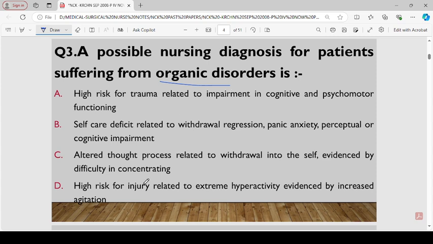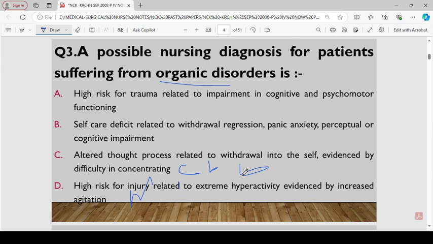This is more of a mania or ADHD, or delirium, right? Number C, altered thought process related to withdrawal into self as evidenced by difficulty in concentrating. We could suspect schizophrenia, depression, or dementia in this case.